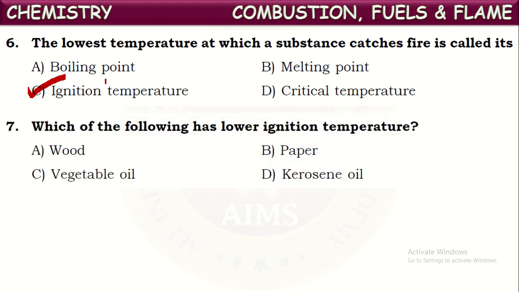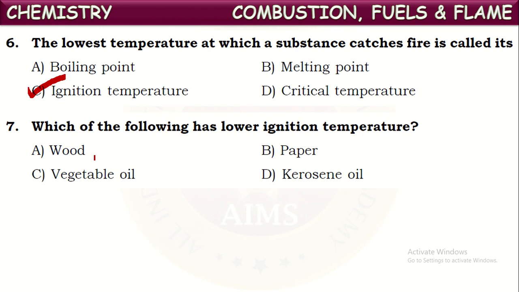Okay. Now, which of the following has the lower ignition temperature? We have to identify the substance which catches fire at lower temperatures itself. Find the substance from those given which catches fire easily at lower temperatures. See the first one, wood. It needs much time to start burning because its ignition temperature is very high.